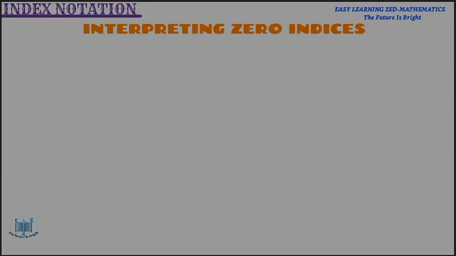Welcome to today's video. In this video I'm going to continue looking at index notation, and today I'm going to look at interpreting zero indices. I'm going to reason with you why a power with a zero index is considered to be 1, or why a power with a zero index is equal to 1.